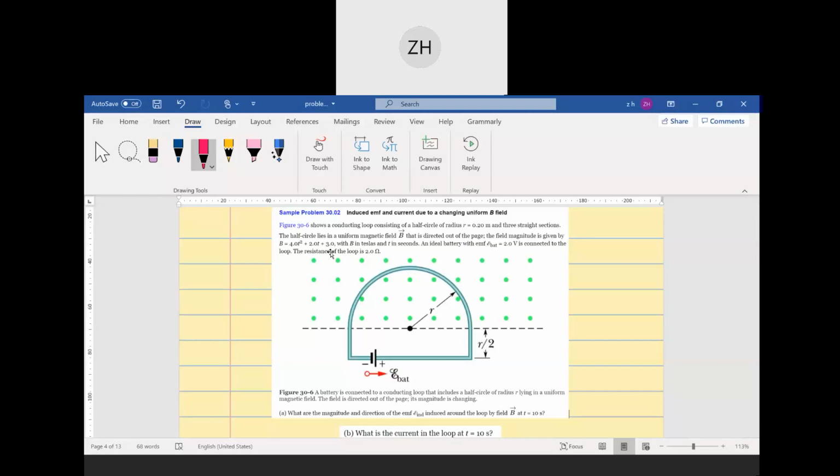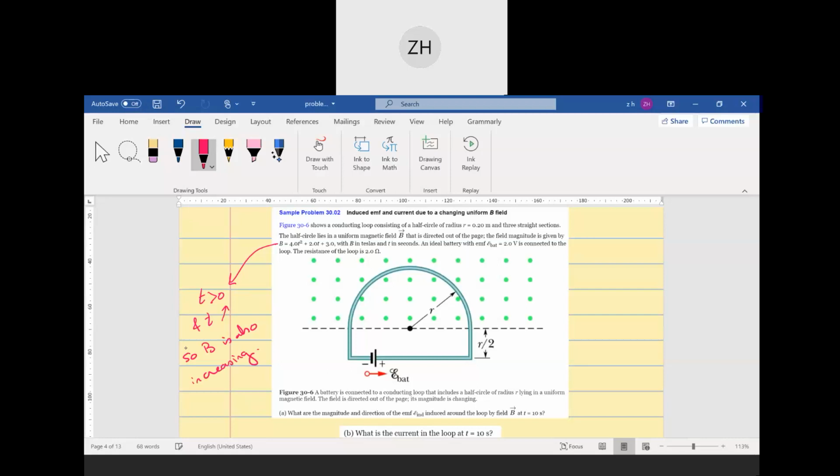The flux here, is it increasing or decreasing? We can know from the change in the magnetic field. Now, the magnetic field has this expression, which contains terms which are all positive, and we know that t is greater than 0 and it's increasing. So B is also increasing with time.